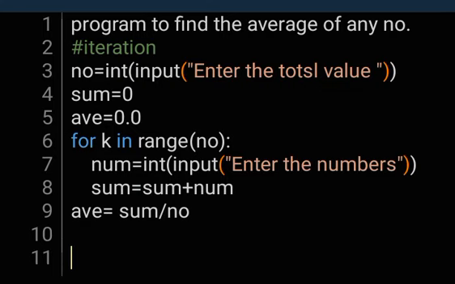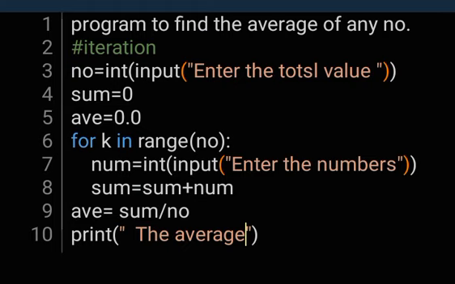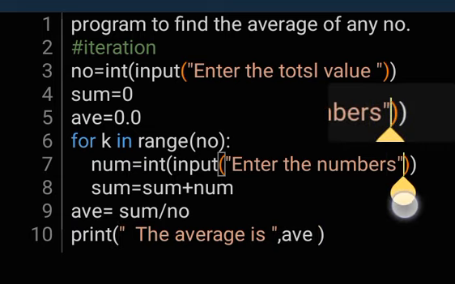So now is to print out our result, using the print function, which is an output statement in code. The average is AVE. So I've written the program to find the average of any number.